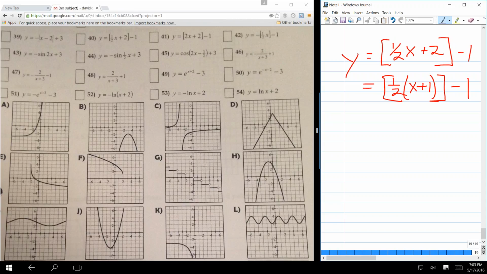What's the 1/2 do? Compresses or stretches? Stretches. Correct, by a factor of 2. What's the plus 1 do? The plus 1 moves it up 1. No, that's inside. Or down 1.